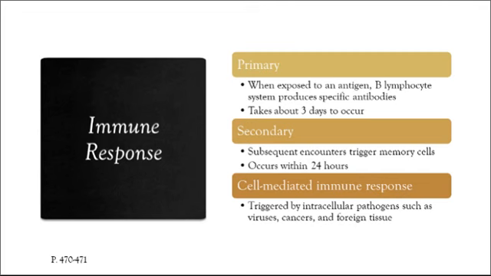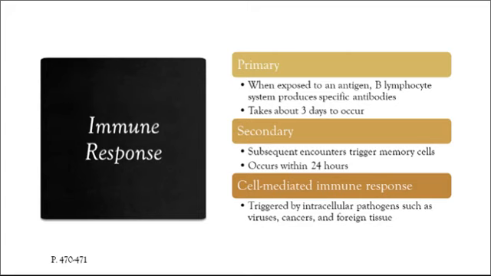Our immune response, when we're exposed to the antigen, the B lymphocytes produce antibodies. That's our primary response. We start to produce the antibodies. Secondary response is after we've been exposed a second time. So think of somebody with an allergy and having that hypersensitivity, you usually don't react the first time exposure.